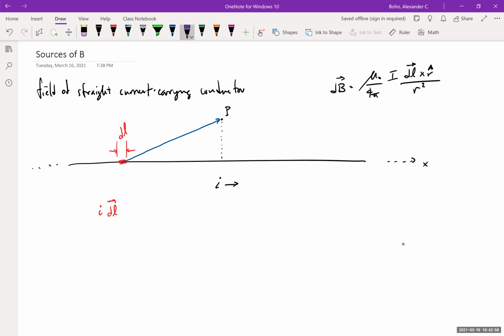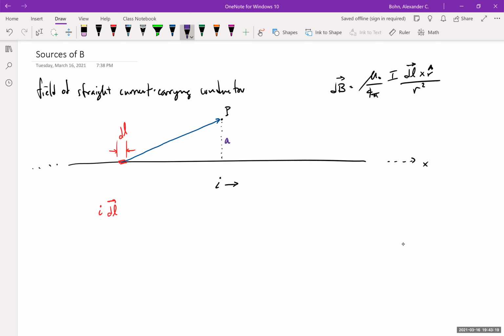r is the point-to-point distance between the infinitesimal current that we're considering and the point at which we would like to calculate the field. a is the perpendicular distance that the point P is away from the wire.